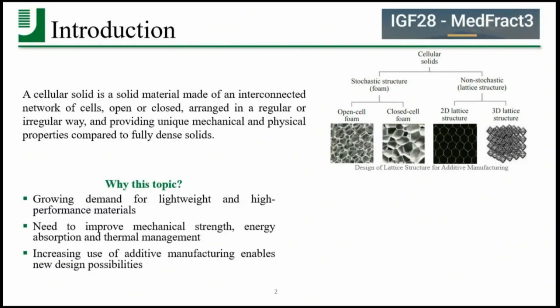Nowadays, there is an increasing demand for lightweight components in sectors where weight saving and energy absorption are critical. Additive manufacturing helps to produce this type of structure with a complex shape.